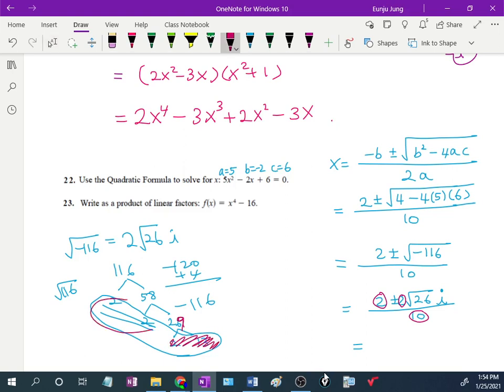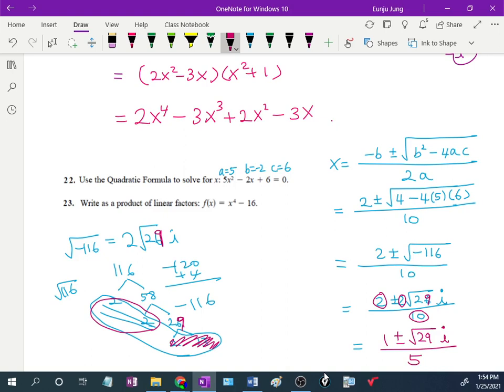So we have 2 root 29, right? Okay, so let's fix that part here. All right, so the final answer will be: reduce the 2 and 10 from the rational part. So 1 plus or minus square root of 29, with the invisible 1 in front, i, all over 5.